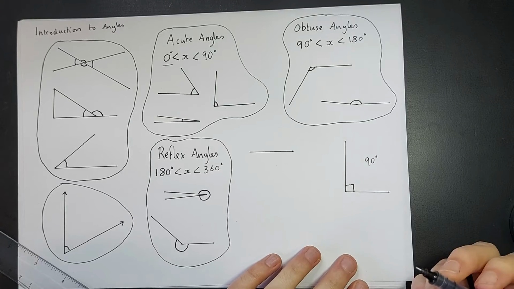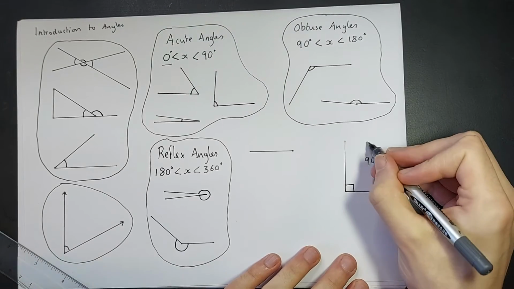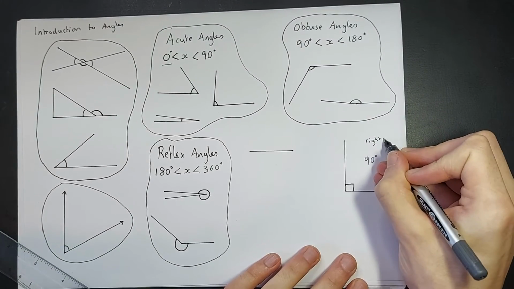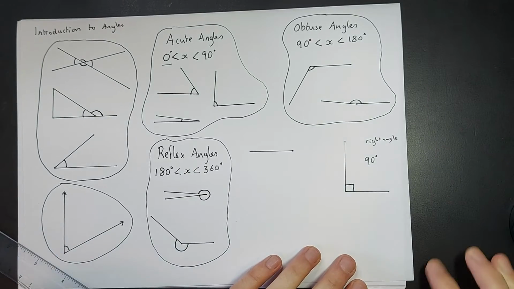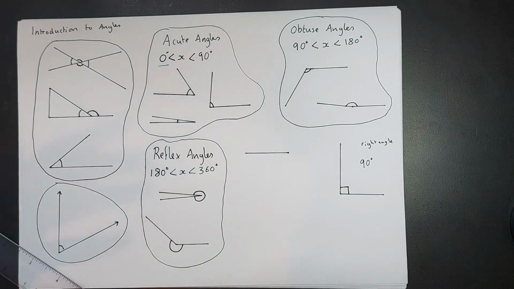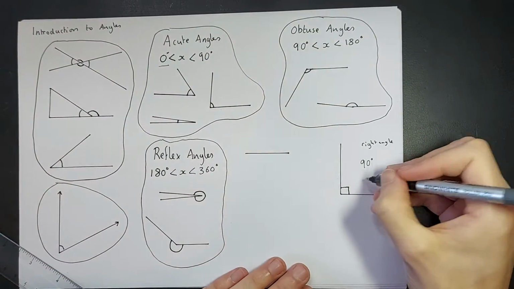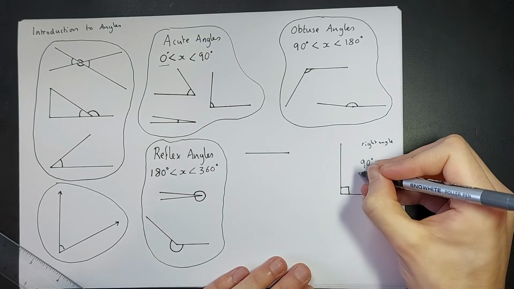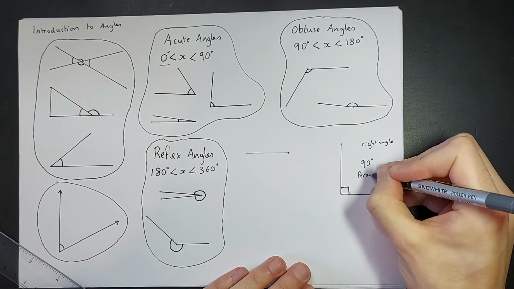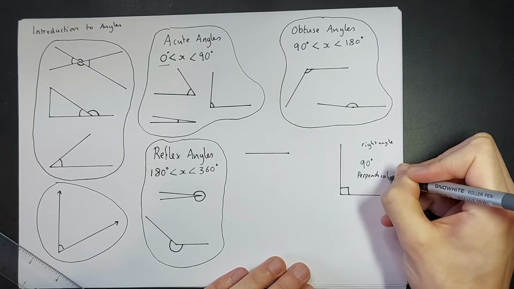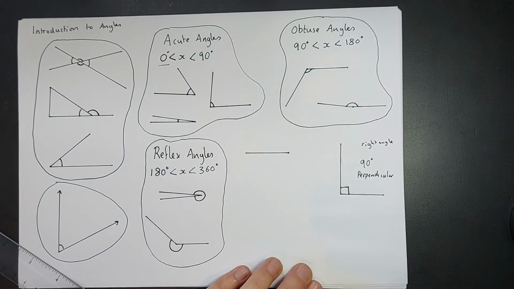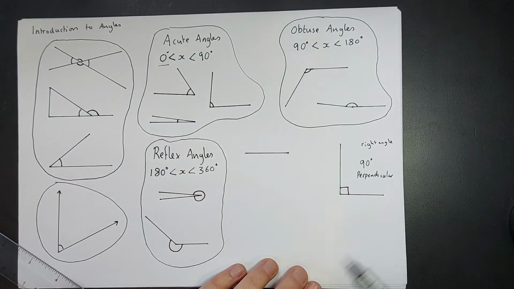You could say it's a right angle. When we're talking about two lines meeting at 90 degrees, you would say they meet perpendicular to each other. So we've got 90 degrees being a right angle or perpendicular.